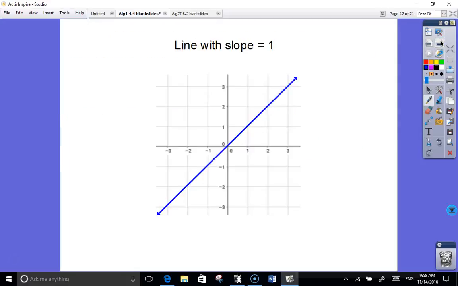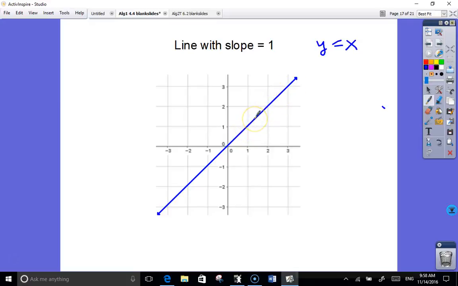Another line which they don't actually tell us to look at, but it is important to understand when you're talking about the values of slope: a line with a slope of 1 is this line right here, which we'll learn in a little bit. That's the line y equals x, because every x coordinate equals every y coordinate: 1, 1, 2, 2, 3, 3.